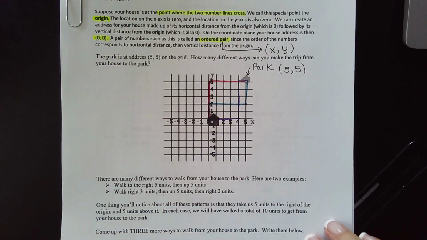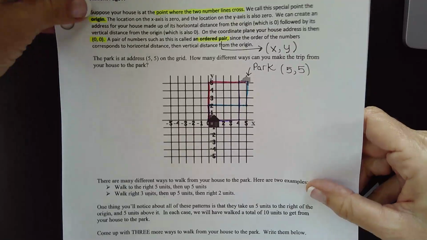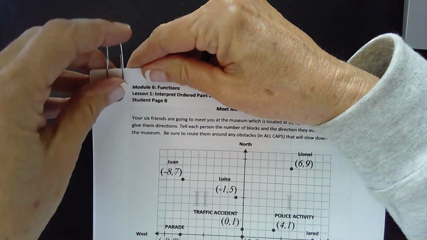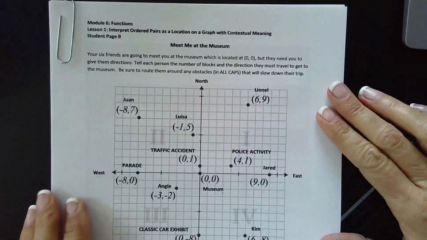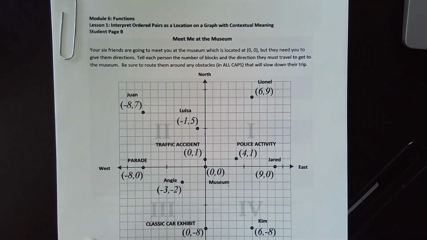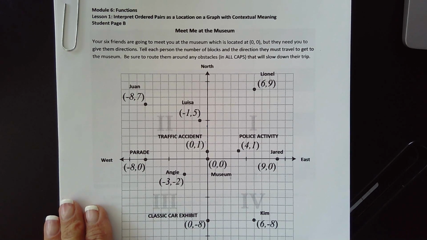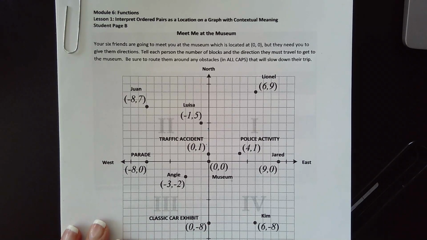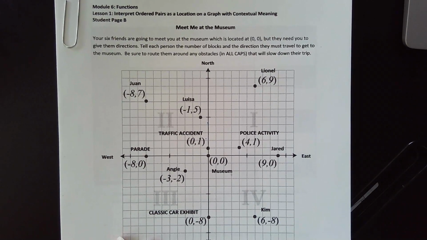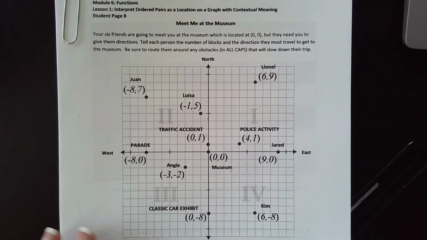Next, we're going to do another little fun one. This is called Meet Me at the Museum. I think we can see everything with it this size. So this is the third page of the packet. Your 6 friends are going to meet you at the museum, which is located at 0,0.